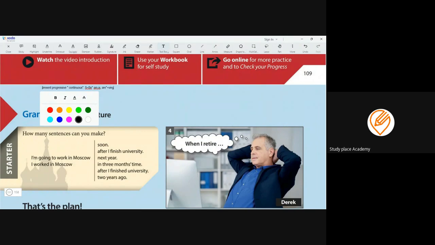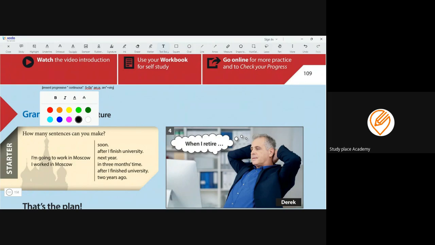معلومة الحاضر المستمر ليس فقط يدل على عمل نقوم به الآن، وإنما يدل على المستقبل القريب أو المواعيد. Appointments. If you want to make appointments with your friends, your doctor, going to a restaurant, like when you book a table in a restaurant, you know for sure you are going.